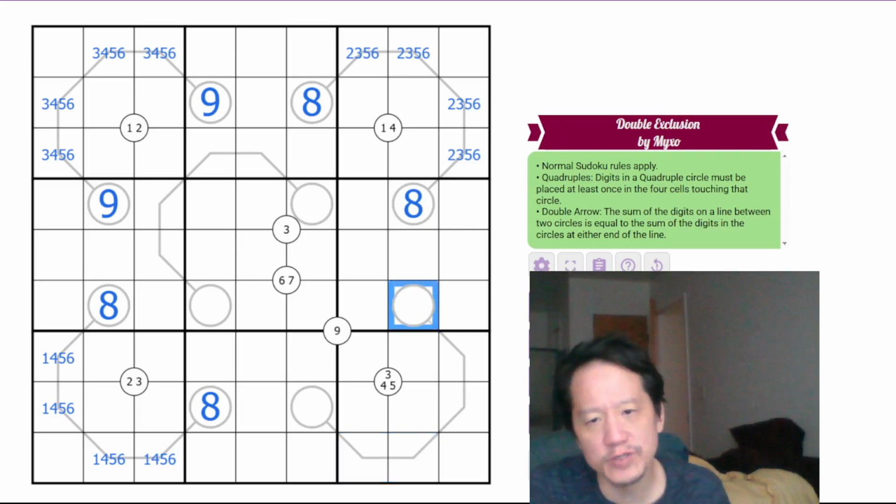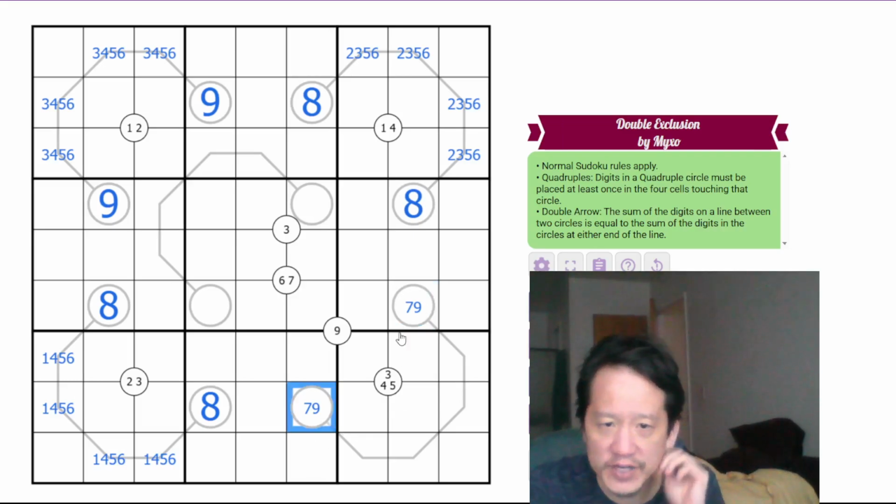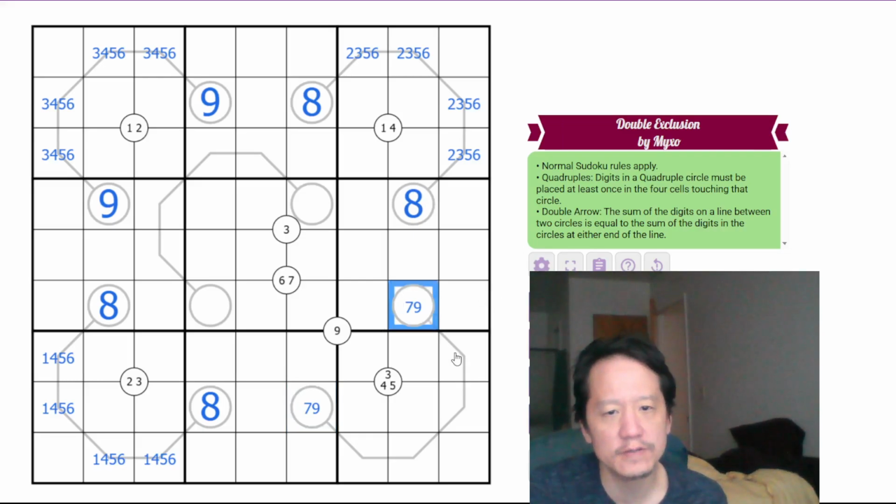So this has to be 16 at least. So it has to be either 7 and 9 adding up, or it could go up to 18.